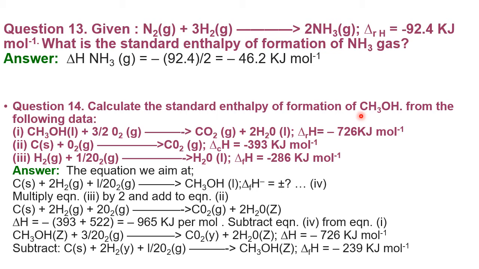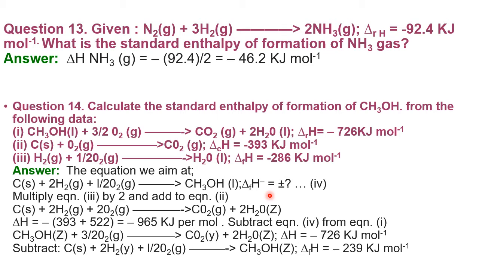Here also it is the same thing: 1 mole of methanol should form from its constituent elements. For this, we write the equation in this form: C plus 2H2 plus half O2 gives 1 mole of methanol. This is called the enthalpy change of formation. How much we have to calculate?